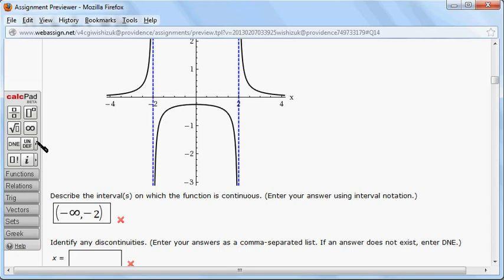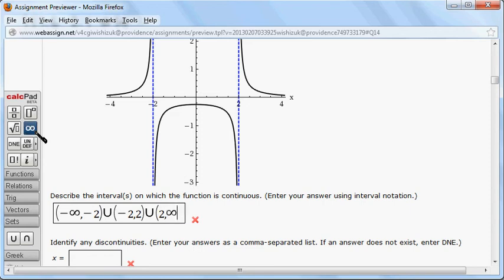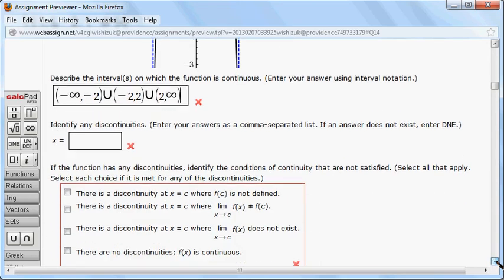Then you have the union, and then you go from -2 all the way to +2, and the union, and then you have 2 all the way to +infinity, right? So that's that. And then next question, identify any discontinuities.